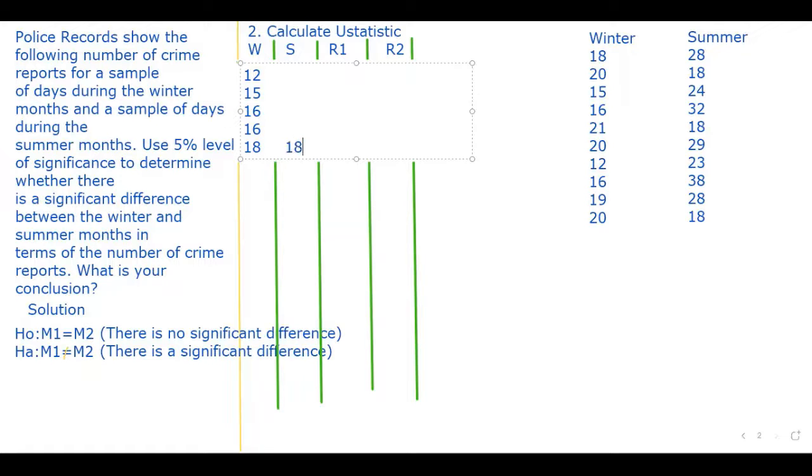You have three 18s in summer, so in all the 18s are 4. You add their respective positions and divide by 4, because the number of occurrences of 18 is 4. The next one is 19 W.